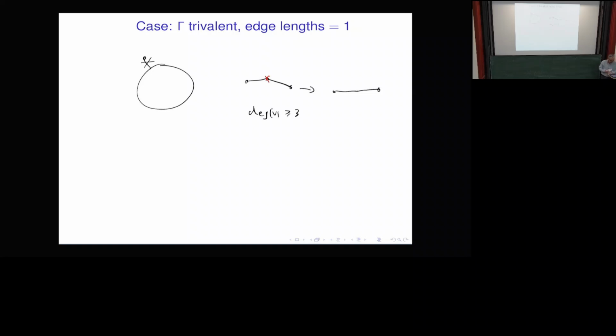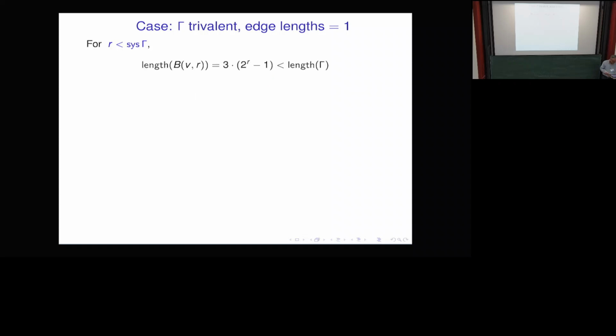Okay, so let's start with the case where the degree is exactly 3 and the edge lengths are equal to 1. Well, what happens if R is less than the systole? I get a lot of length. Because my graph is trivalent, I have 3 edges going out, and then since R is smaller than the systole, I have more edges going out. They cannot go back up and so on. After R steps, you just count how many you have, so the length is quite big.